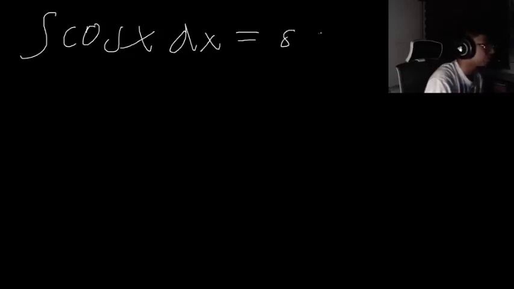Next for us are the trigonometric functions. Now it has 6. So the first one is the antiderivative of cosine x dx is equal to sine x plus c.